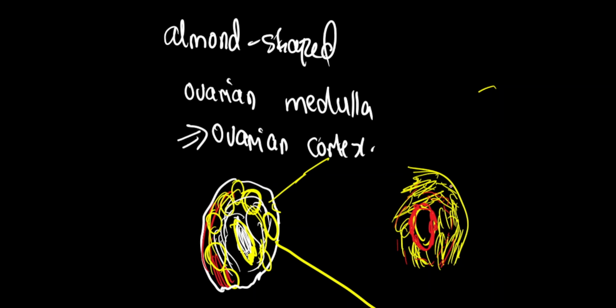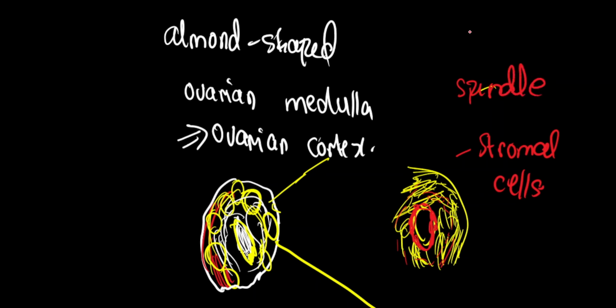Now, this yellow structure is the stromal cells of the ovary. These stromal cells are spindle shaped, fibroblast-like cells of the ovarian cortex.